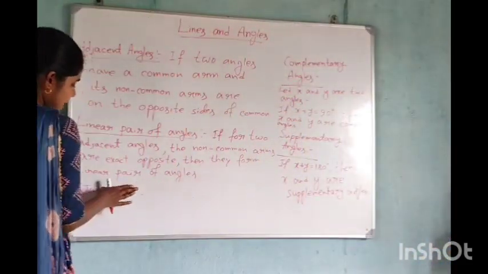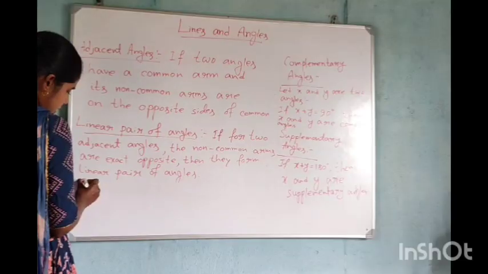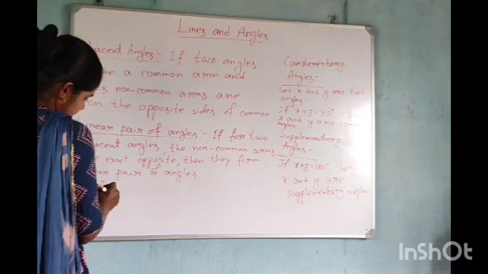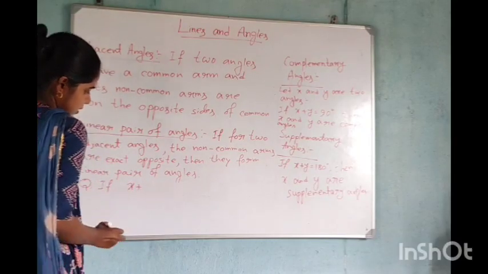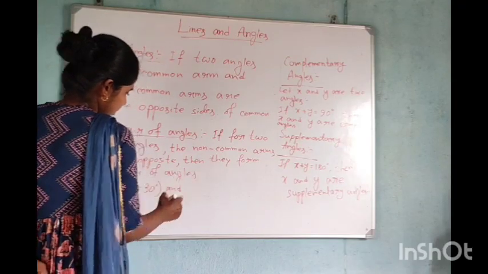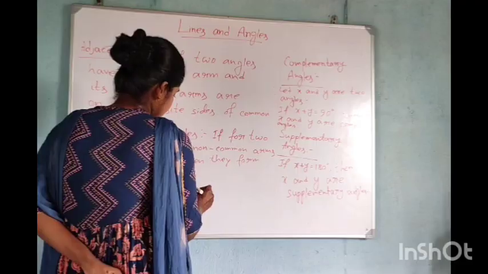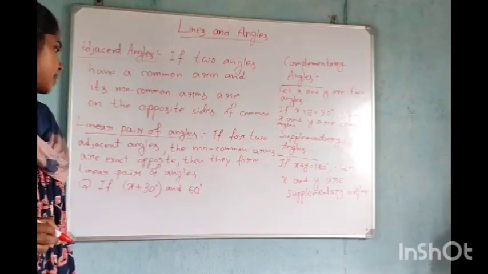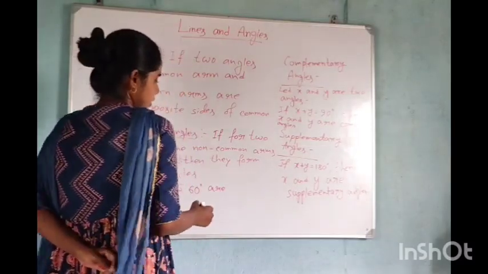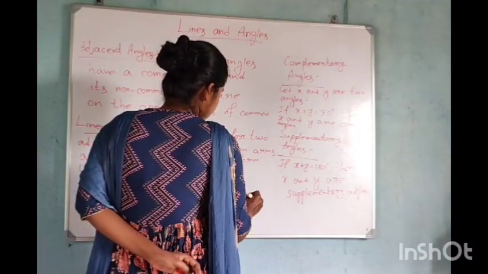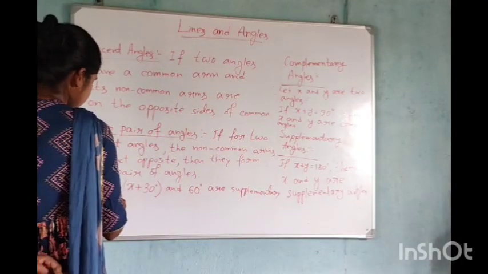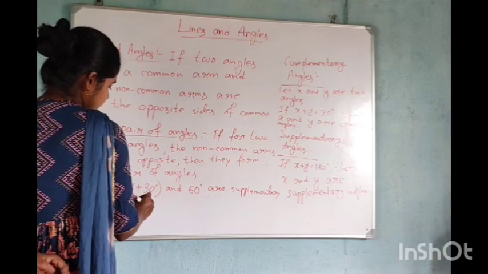So, if I ask a question: if x plus 30 degrees and 60 degrees are supplementary angles, then what is the value of x?